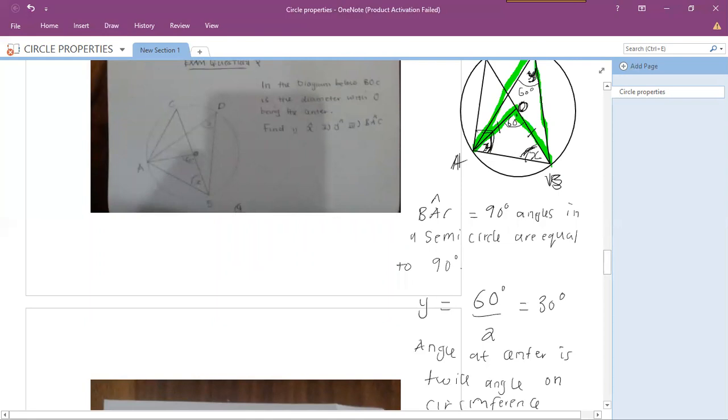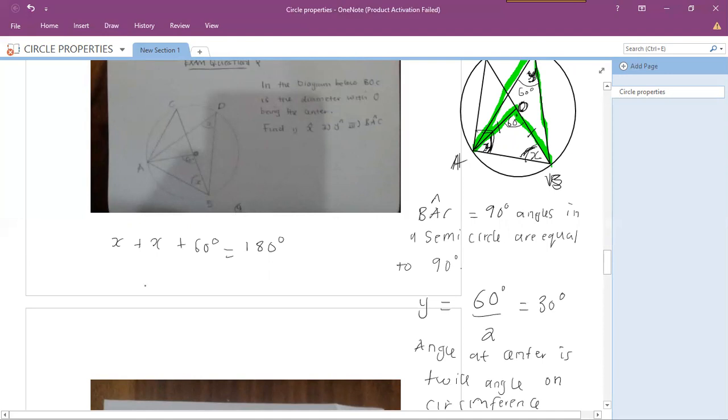And remember, this is an isosceles triangle, meaning if this side is equal to this side, x is equal to x degrees. So all we have to do is form the algebraic equation by saying x plus x plus 60 degrees is equivalent to 180 degrees, because all the interior angles in any given triangle add up to 180 degrees.